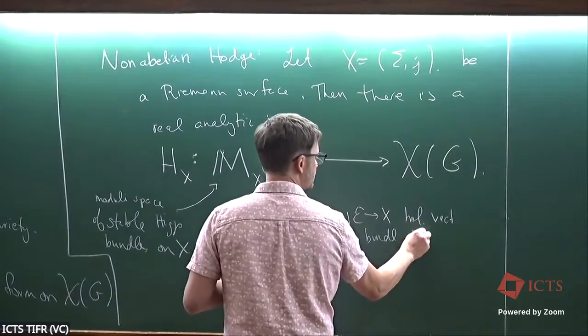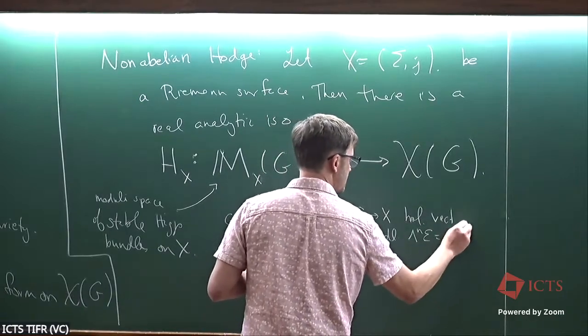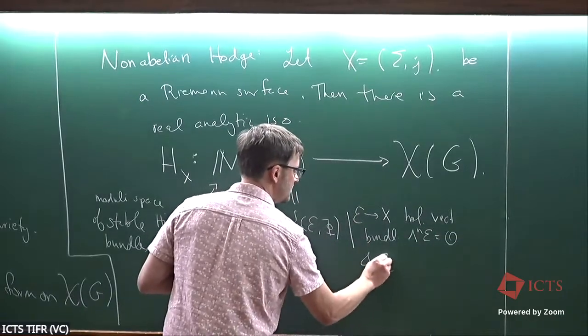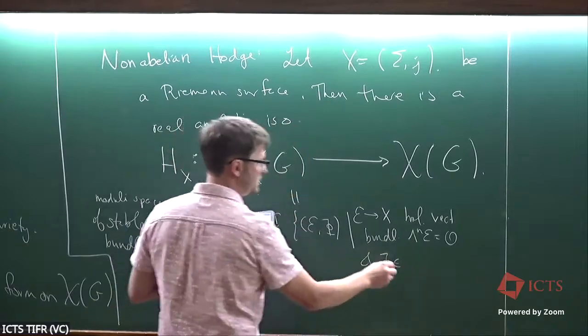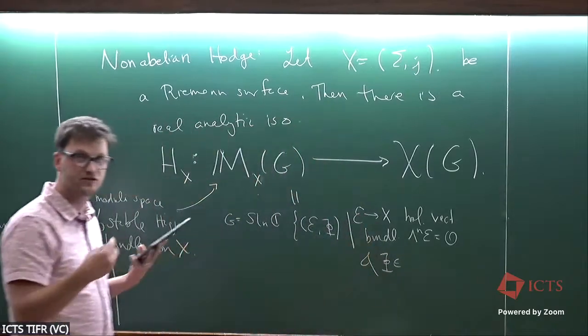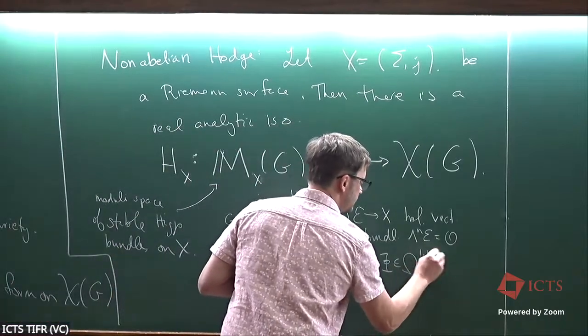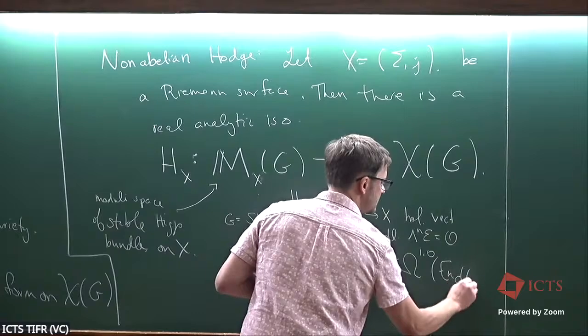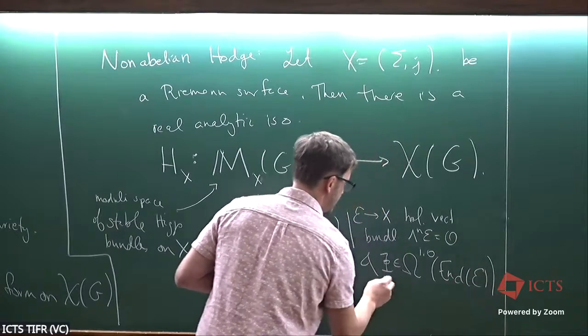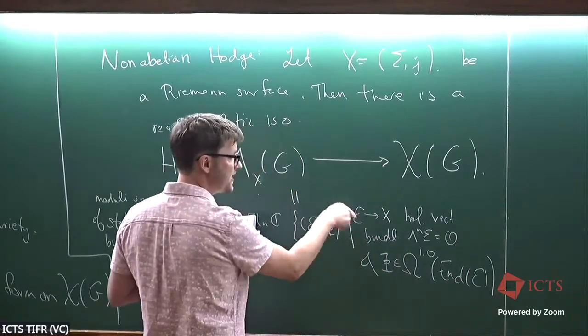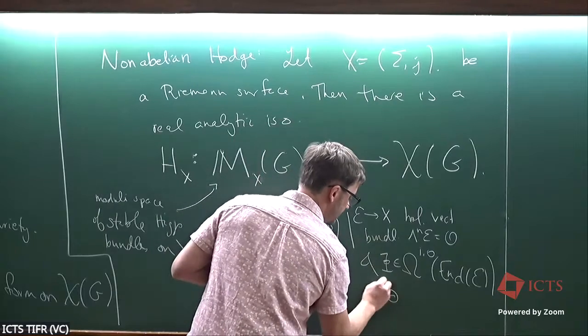We're going to assume its determinant is trivial. And φ is some additional data, more than just your holomorphic bundle. It's going to be a (1,0)-form valued in the endomorphisms of E, and it's going to satisfy the condition that it's compatible with that holomorphic structure, namely, it's holomorphic.